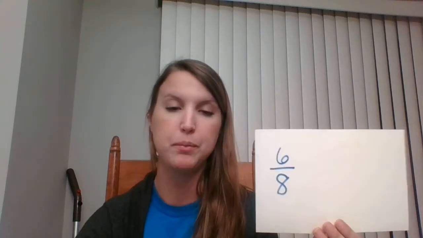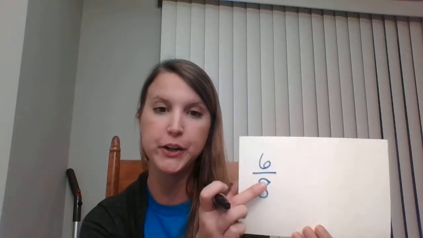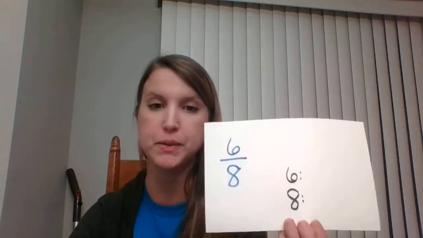The next fraction that I have here is 6/8, and we're going to write this in simplest form. So again, I'm going to find my greatest common factor of my numerator and denominator, which is 6 and 8. Okay, so if I'm doing my factor rainbow, I know that 1 times 6 is 6.